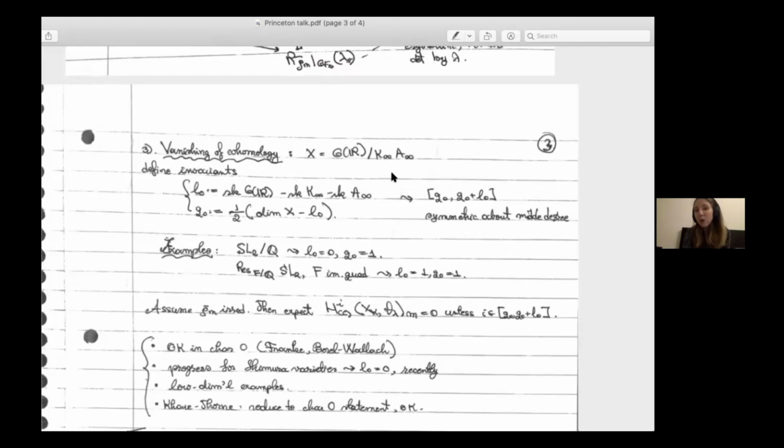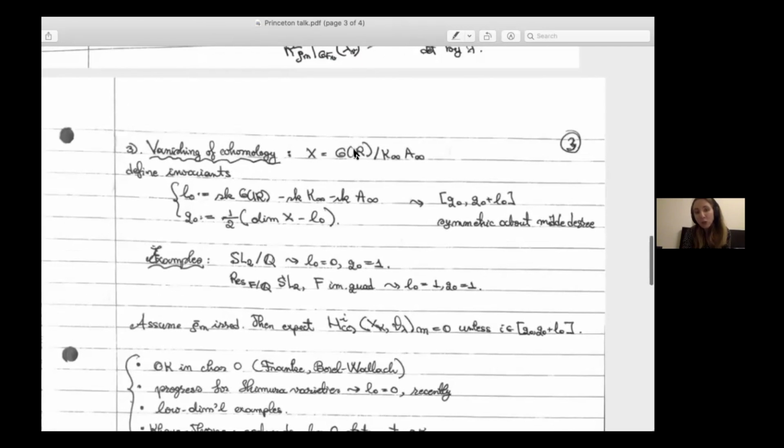And so let me just recall the definition of the symmetric space. You look at G(R), and you take a quotient by a maximal compact, and if the group is semisimple, then that's all you need to do. And if not, then there's also some torus part, which is this A_infinity. So you can define two invariants.